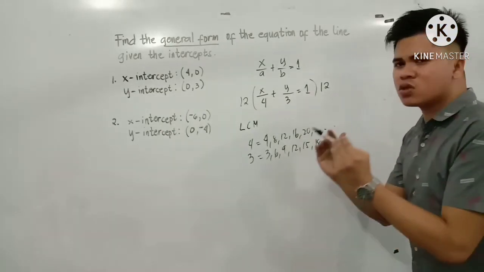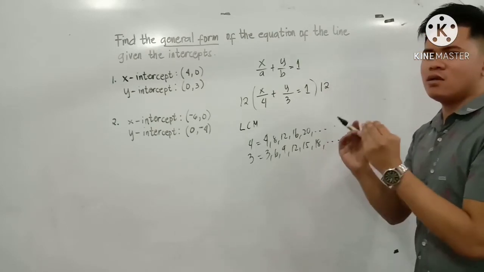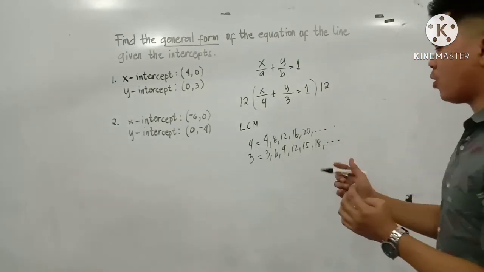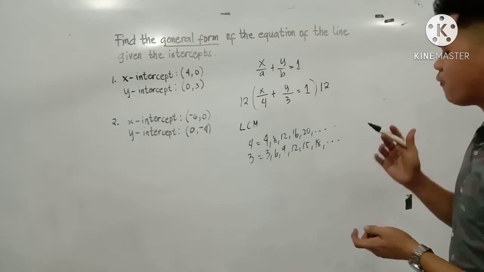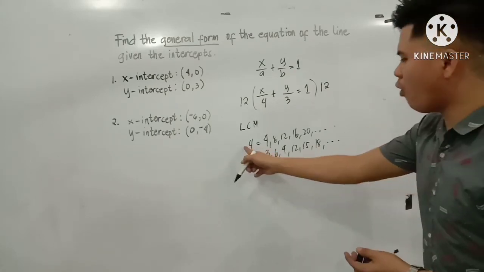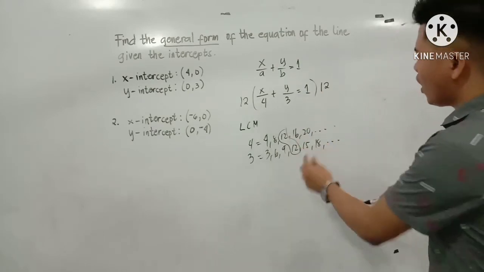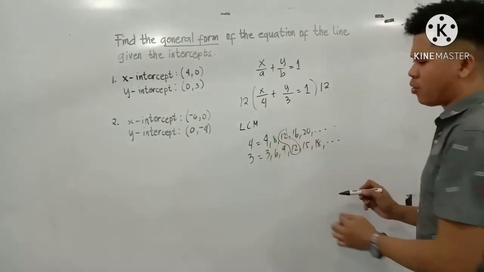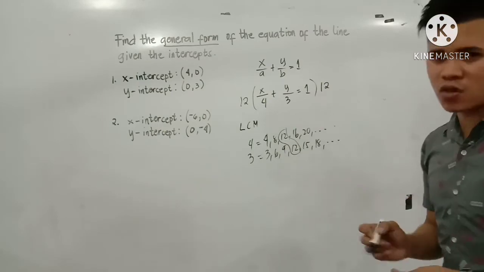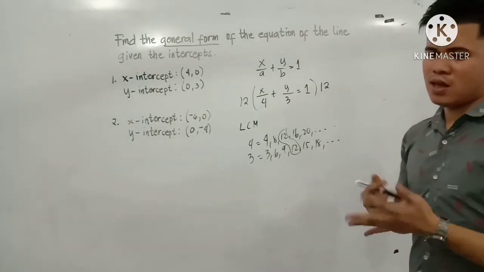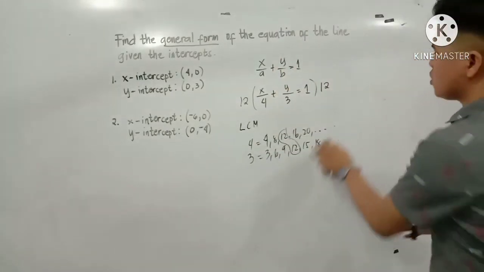Again, the first common multiple, meaning the least common multiple. So, what is the first common multiple of 4 and 3? That is 12. Am I right? 12 is the first common multiple. So therefore, 12 is our LCD. Simple as that. Okay? So now, let's continue this process.